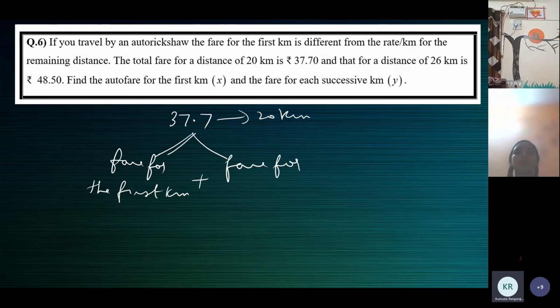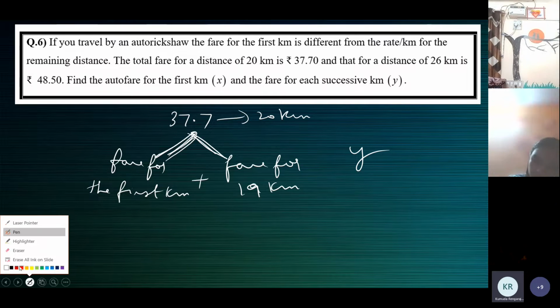So it includes two things: the fare for the first kilometer and then the fare for the remaining 19 kilometers. For the first kilometer, the fare is fixed. For the remaining 19 kilometers, you would have paid at the rate of y rupees per kilometer. See here, for the first kilometer, it is x rupees. It's given there.